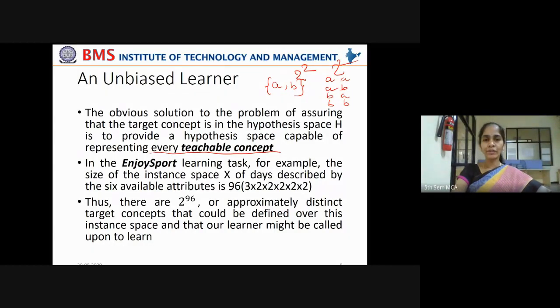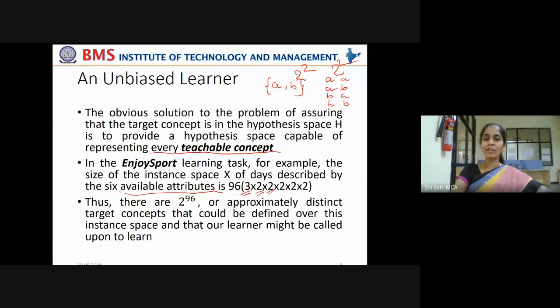In the EnjoySport learning task, for example, the size of the instance space X of days described by the 6 available attributes is 96. Means, let's say the sky attribute will allow 3 values and the humidity attribute will allow 2 values.